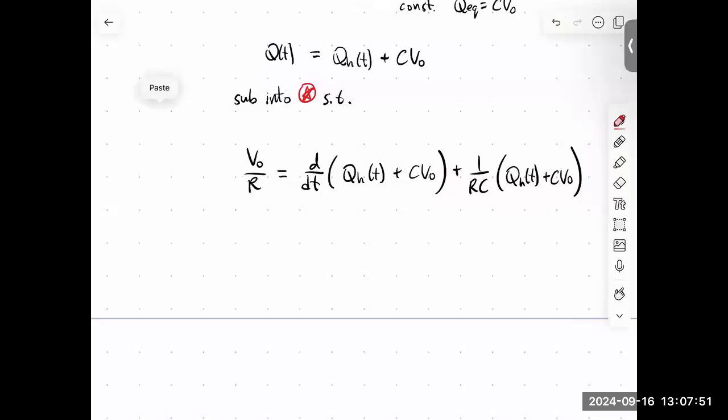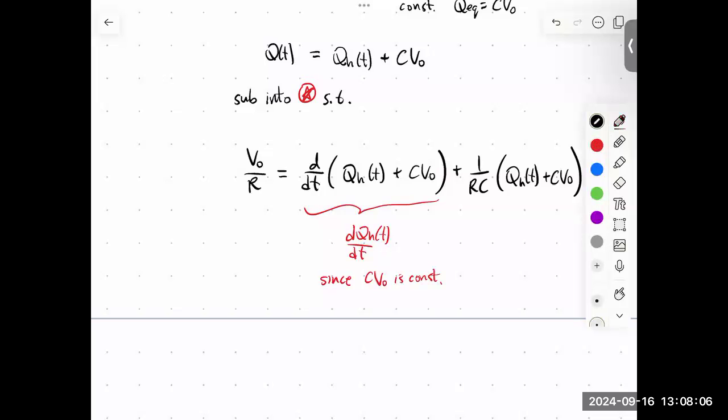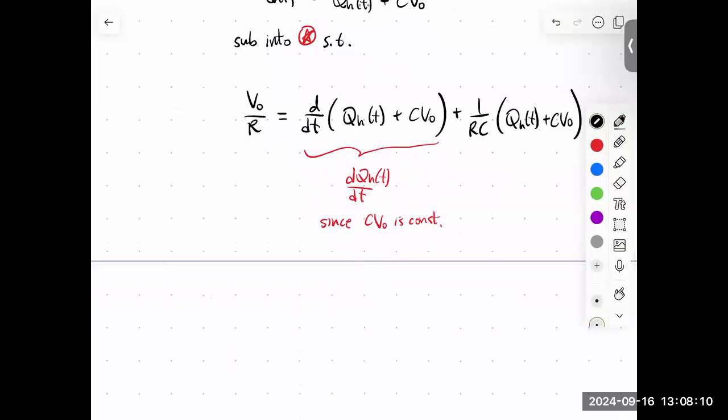So all of this is just going to be dQH dt, since CV naught is a constant. Okay, so fair enough. Then what do we have left?